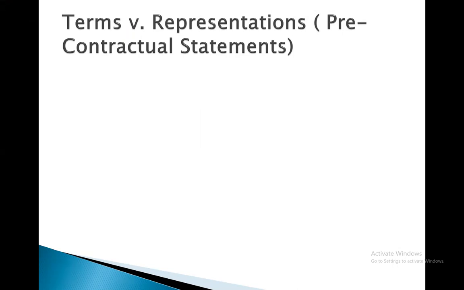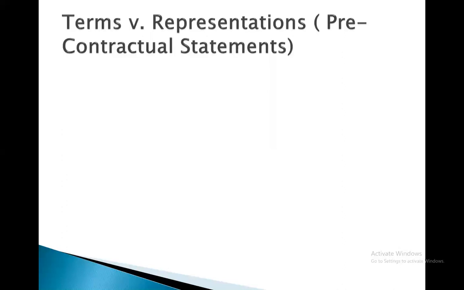So we will now do a very important aspect of our discussion, and that has to do with attempting to draw a distinction between terms of contract and representation.